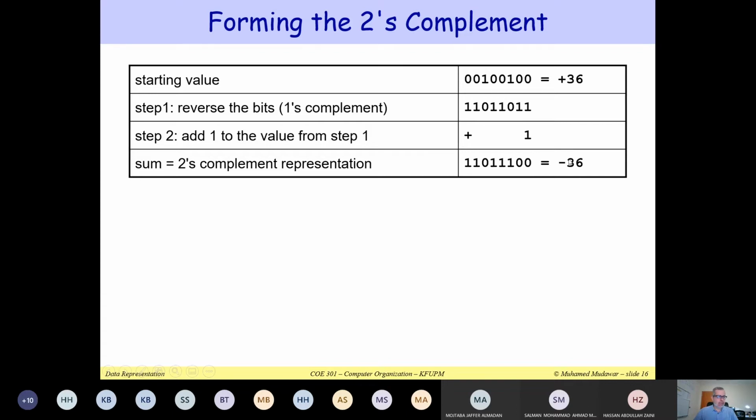If you start with negative 36 and you take the 2's complement of it, you will get back to plus 36. If you start with a positive number and you take its 2's complement, you get the negative representation of the number. If you start with a negative and you take the 2's complement, you get the positive value, plus 36 in this example. This is how we form the 2's complement: the 1's complement plus 1.